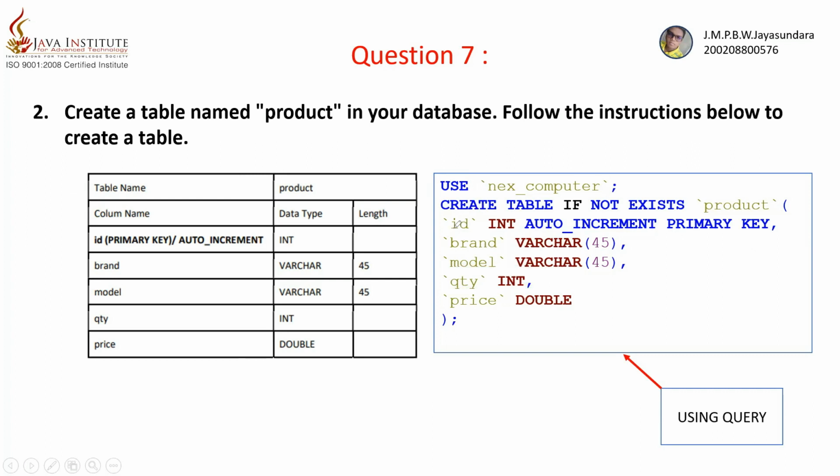In the first column, we have given its name as ID and data type is integer. Then after that we have given auto increment. After that we have defined this ID column as the primary key of our table. So we can use this ID column values to identify products uniquely. So let's go and see how we can execute this.